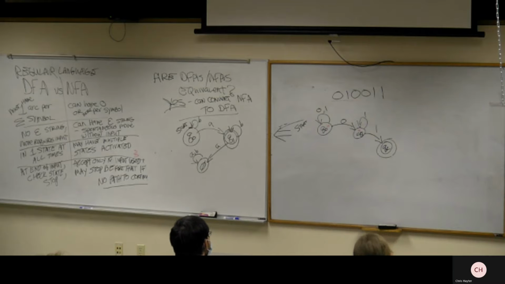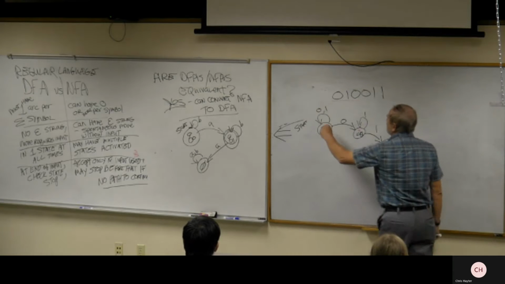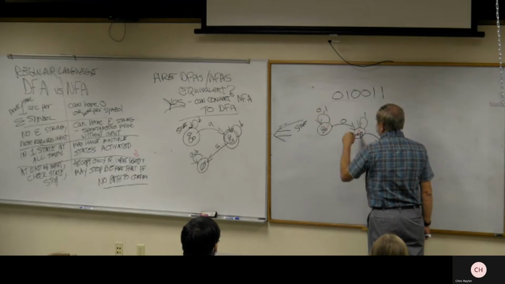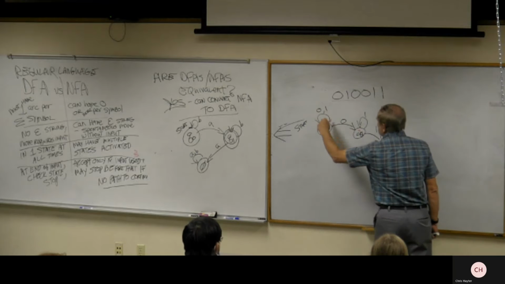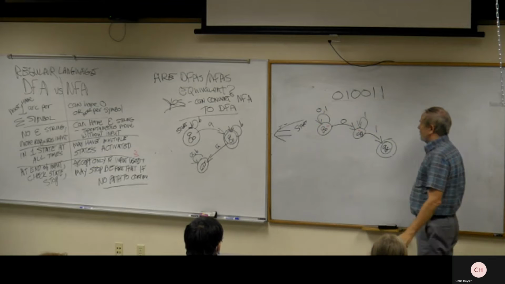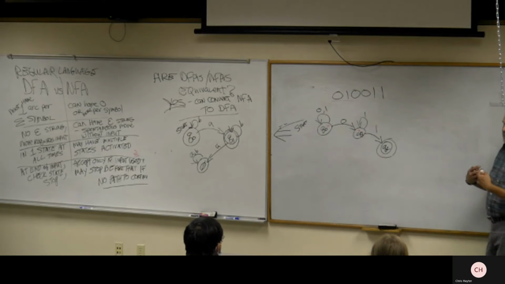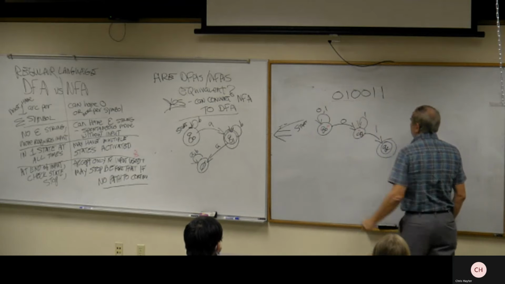But yes, we just deactivated Q1 because when we were in Q1, if we saw a 0, it turned it back off because there's nothing to do. When we get finally back to Q0 and see the 0, it reactivates itself, looping back to itself, and the 0 turns back on Q1. All that's saying is you could go 0, 1, 0, or you could go 0, 1, 0. So both are possible states that we could be in at that point.